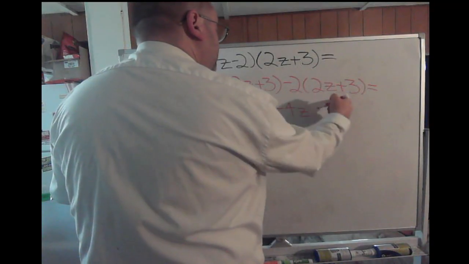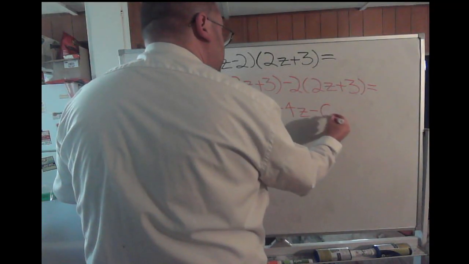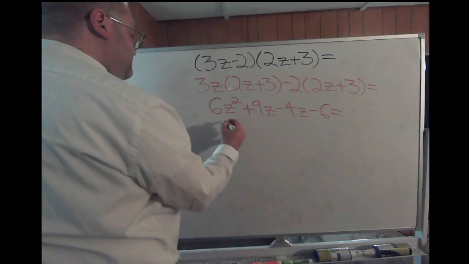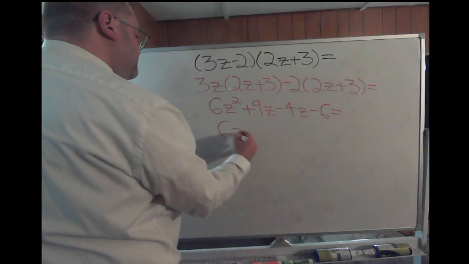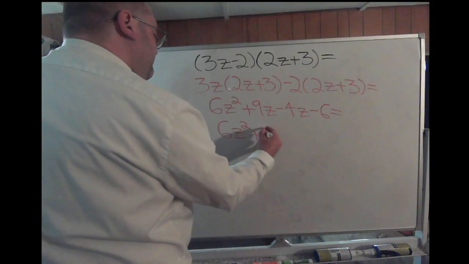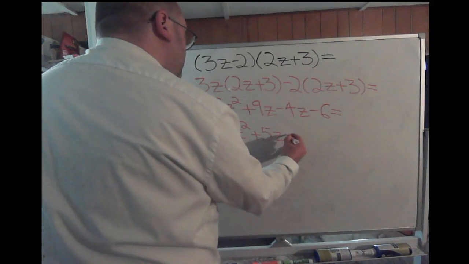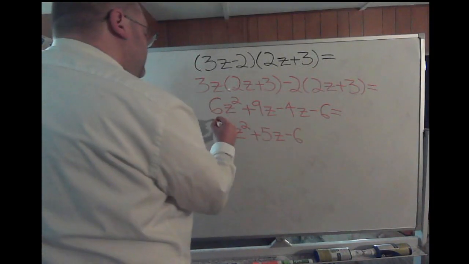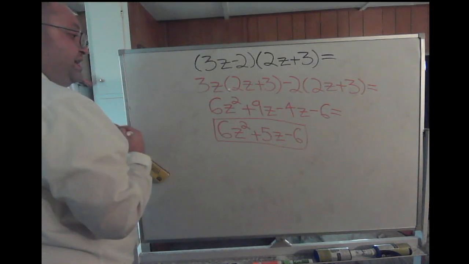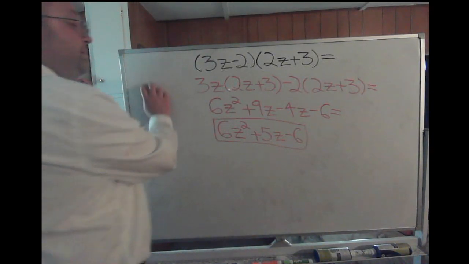Then you have negative 2 times 3. That'd be minus 6. So now we'll simplify the 9z minus 4z. You'll end up getting 6z squared plus 5z minus 6. That would be the answer you get. It would be 6z squared plus 5z minus 6.